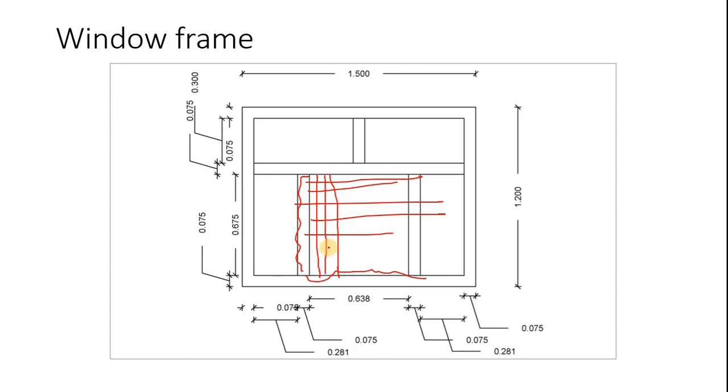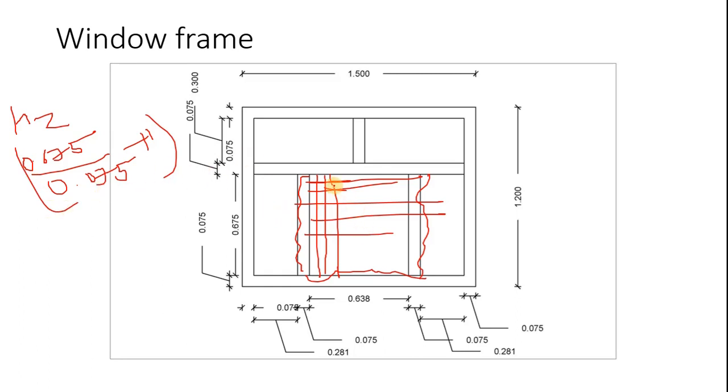To calculate how many horizontal bars can be accommodated, we divide this spacing, which is 0.675, by our spacing, which is 0.075, plus 1. This will give us the number of horizontal bars. Once we know the number of horizontal bars, we will multiply by the length of horizontal bars, that is 0.638. So this will give the total length of the horizontal bars in the middle portion.